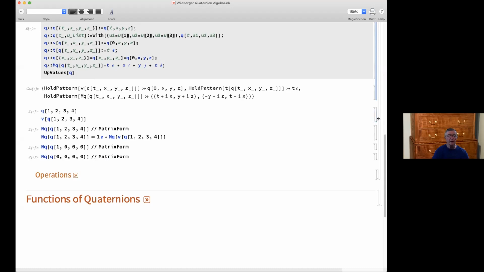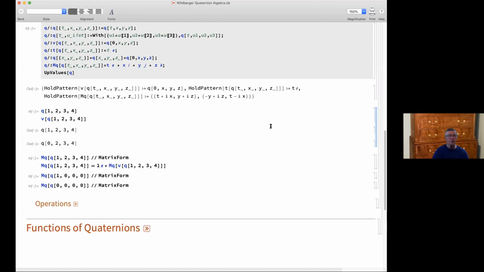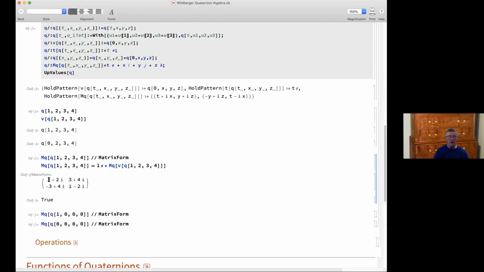So if we look here at what a quaternion is on construction, Q of the values 1, 2, 3, 4, and then I can ask for what is the pure quaternion, and you see that the first value is 0. I can look at the matrix form, and the matrix form is still a 2 by 2 matrix, but it also has specific complex entries.